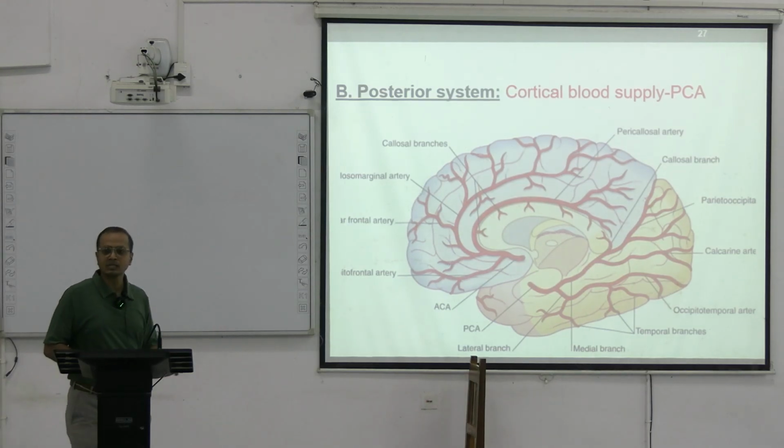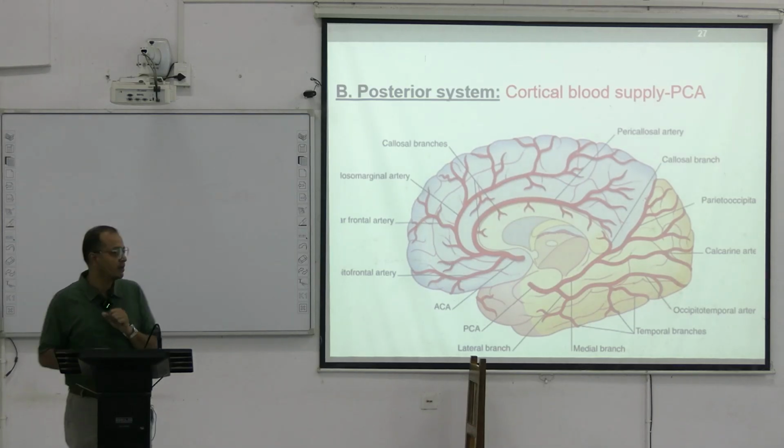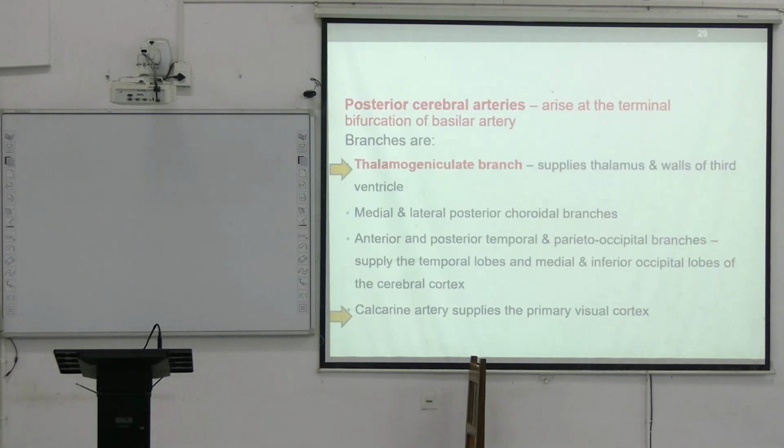So having a dual supply, it survives the vascular insult affecting this segment. Now coming to this posterior segment, the penetrating or central branches that the posterior cerebral artery gives, we call thalamogeniculate branches.